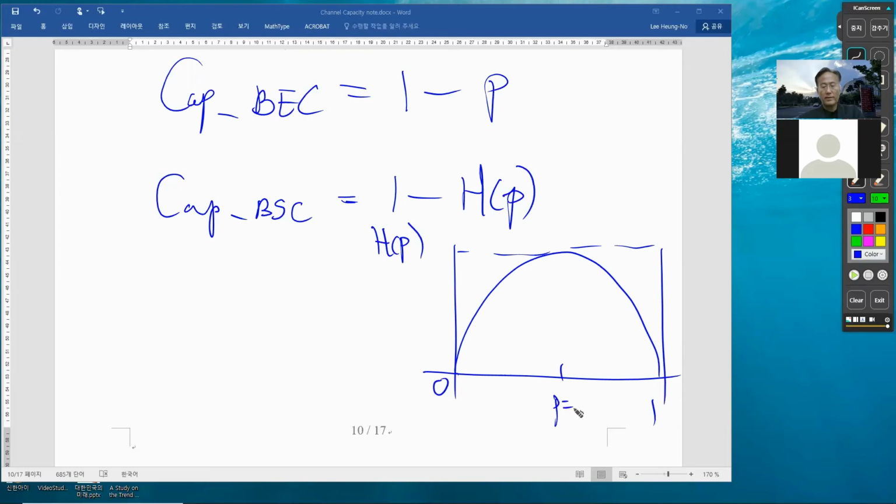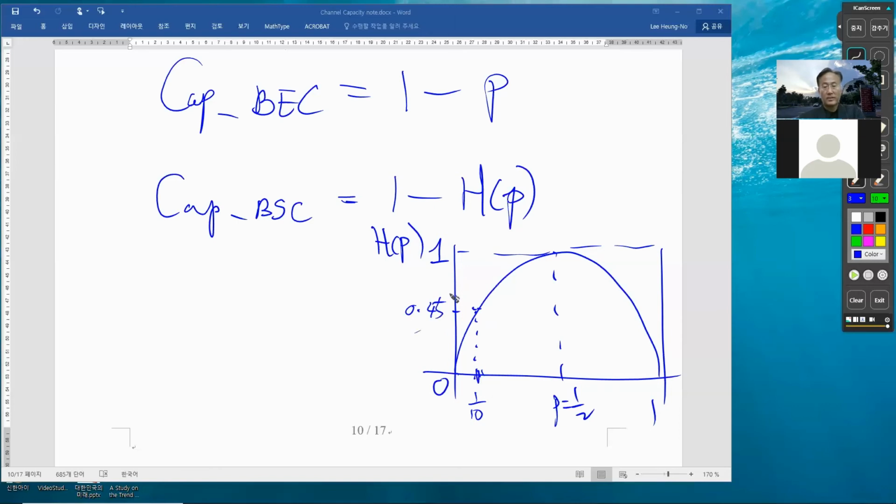At p equal to half, it is maximum, which is equal to 1. When we compare the capacity, let's say p is equal to 1 over 10, H(p) will be somewhere around 0.45, in the ballpark.